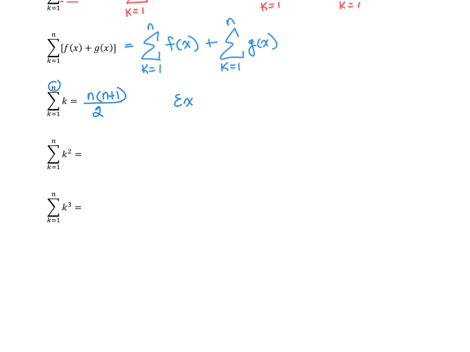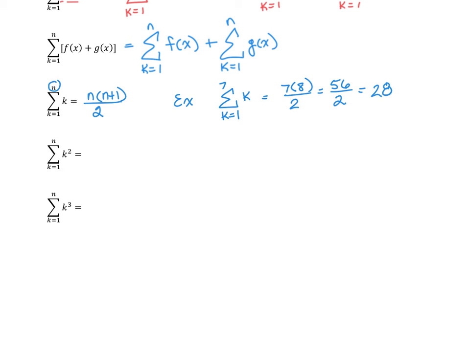So an example might be k equals 1 to 7 of the k's. That would be 7 times 8, which is 56, divided by 2, which is 28.